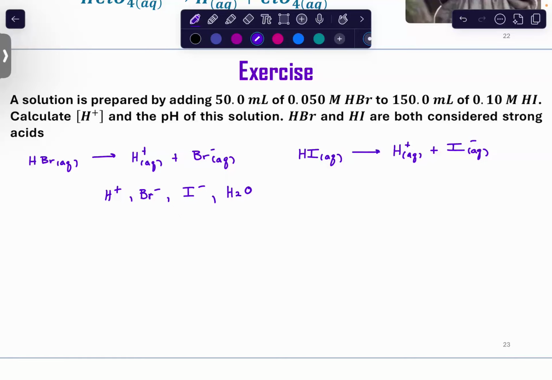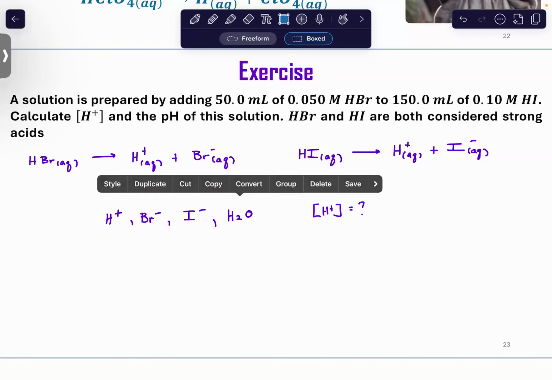Okay, so the thing we have to think about is we're adding two acids together. At the end, what we want is the concentration of protons. Let me give myself a little room so I can write these numbers back in here.